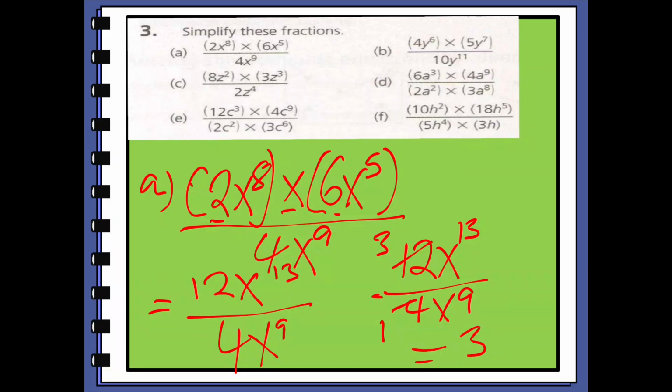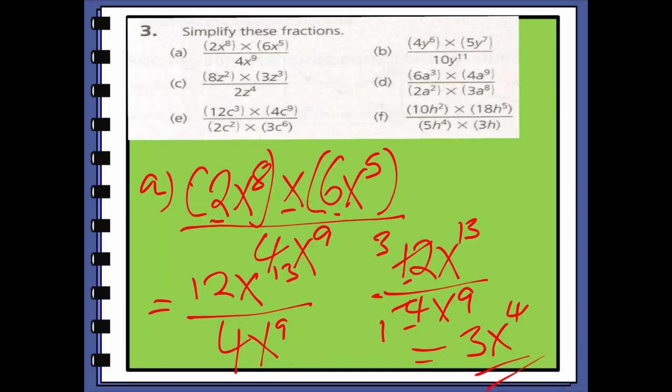So we have a 3 for the bases. Then for the powers we have an x. 13 minus 9 is 4. Okay, so this is how you solve it if the numbers are different, like in this case. You can use the same method to answer B and C.